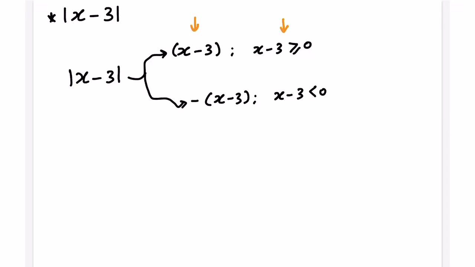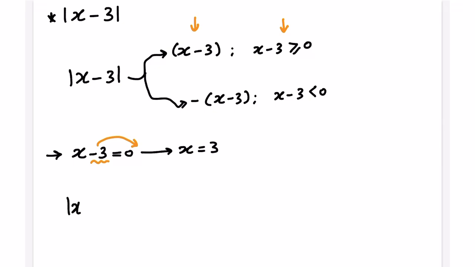So what I'm going to do, I'm going to take first the inside of the absolute value, which is x minus 3 here, like that, and set it equal to 0. Then, as you know, the 3 will change sides and become positive on the right side. So we get x equals 3. Okay, so what we gotta do now is this. I'm going to write the question again.